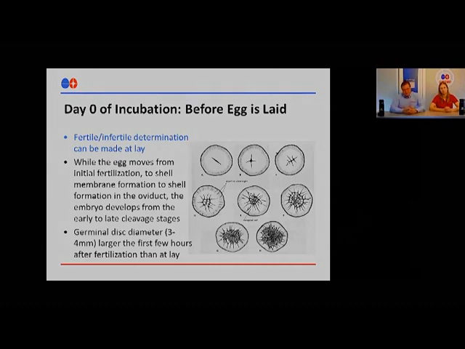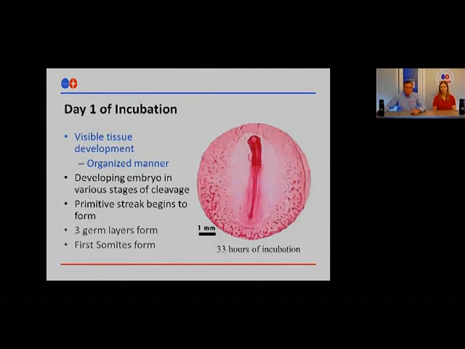Okay, looking at the various stages of development, and I'm not going to talk about all of these points on every slide. There's a few things I will bring up. Of course, day 0 of incubation, before the egg is laid, fertile or infertile determination will be made at lay, and the fertilization process would have had to occur 24 to 26 hours before that egg is laid, right after the egg is ovulated. So at day 1, there should be visible tissue development in an organized manner.